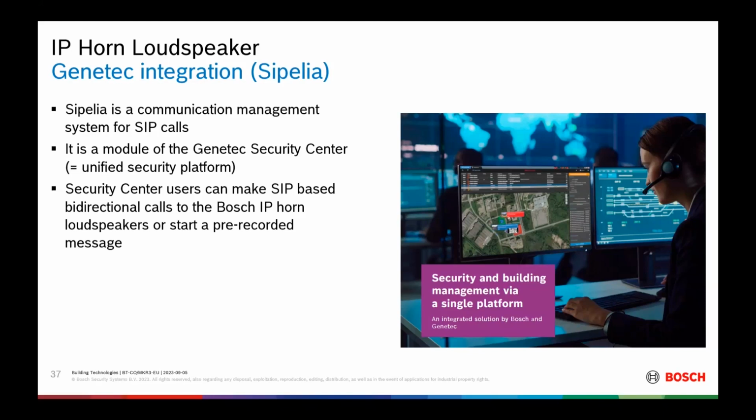The Sipelia server is a plugin that must be installed or run on the Security Center server. And the Sipelia client must then be installed on every security desk workstation that needs Sipelia, thus turning the security desk into a SIP client, or you can also call it a soft phone.